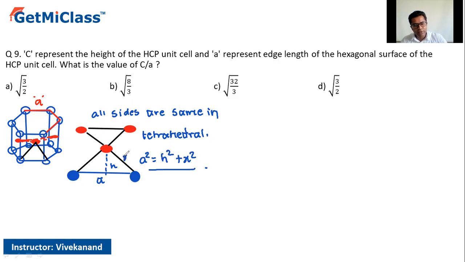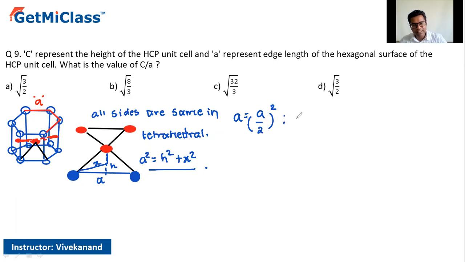Now, X is going to represent this particular part. So in this entire scenario, the value is A by 2, completely half, so A by 2, the whole square.